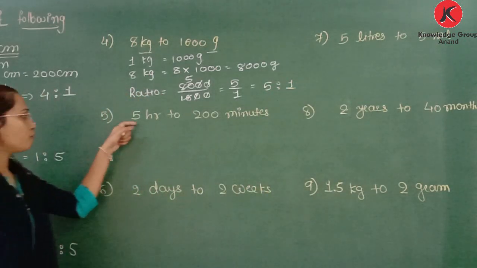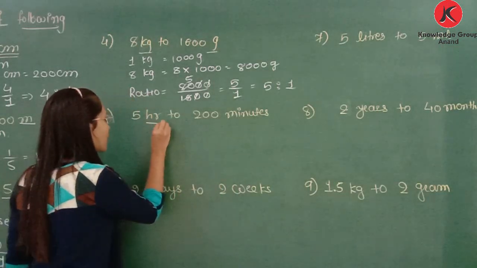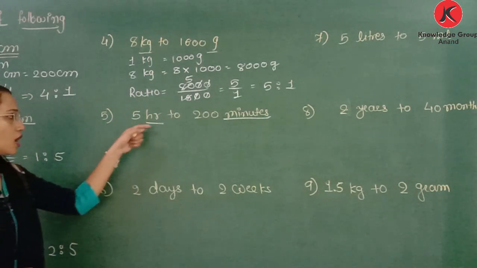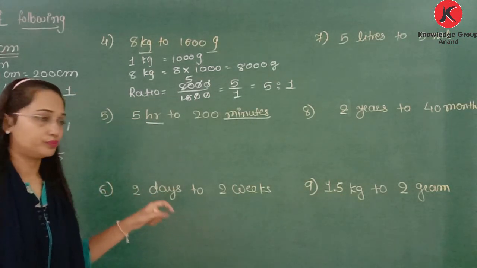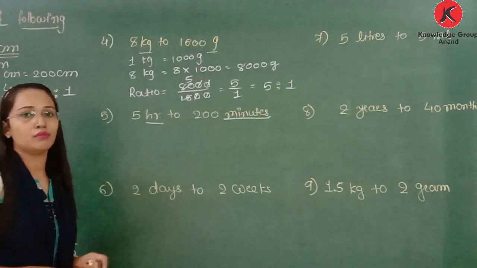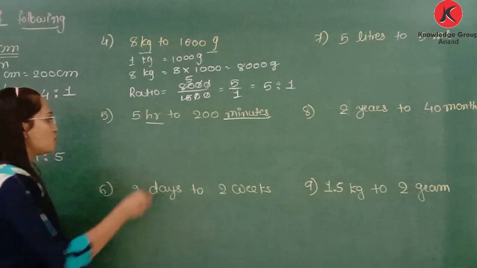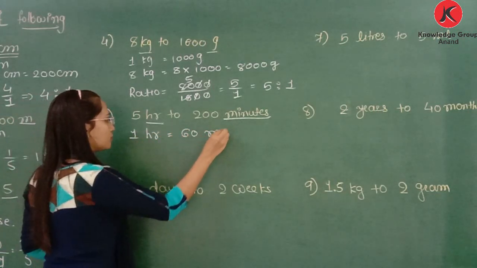Okay. Now next one, 5 hours to 200 minutes. Here you can see one unit is in hour and one unit is in minute. Which one is larger? Hour is larger, so here we convert hours into minutes. In 1 hour, how many minutes are there? 60 minutes. So we can write 1 hour is equal to 60 minutes.